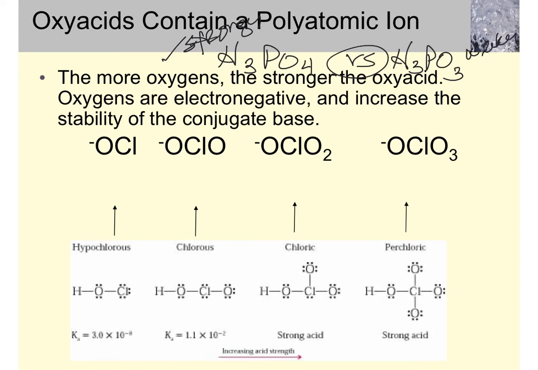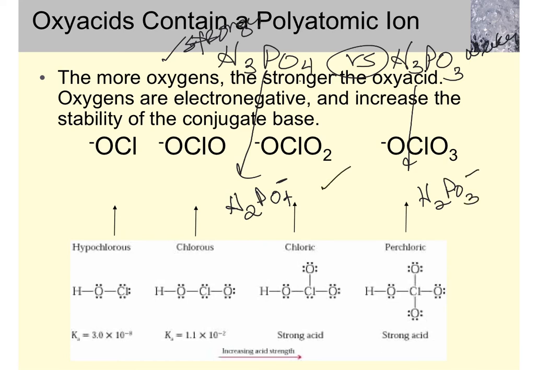Why is that? It turns out that if you get rid of the acidic protons, what are you left with? What are the conjugate bases here? Well, if I give up one proton for each of them, these are the conjugate bases.